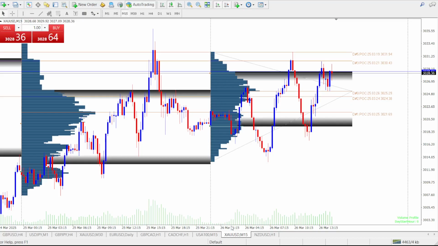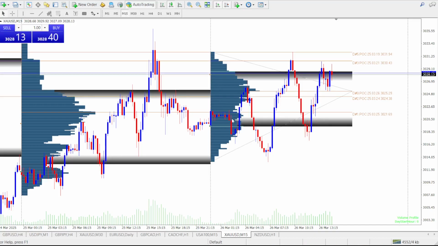Now, the market profile trend lines indicator works by calculating price activity using the most accurate tick data available. It then displays a histogram that shows where the most trading is happening at different price levels.